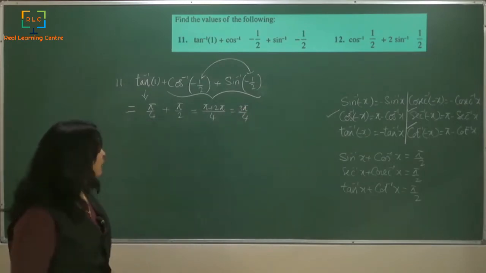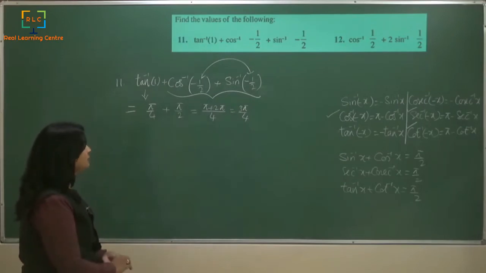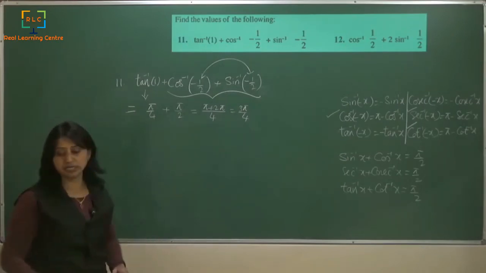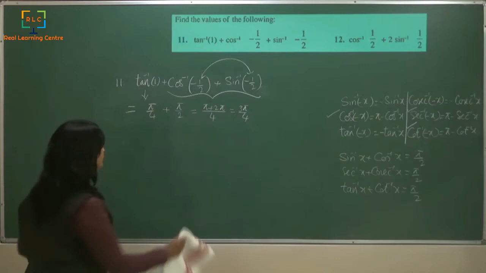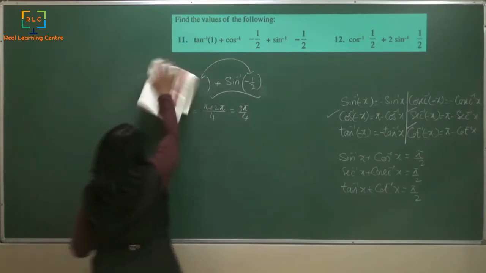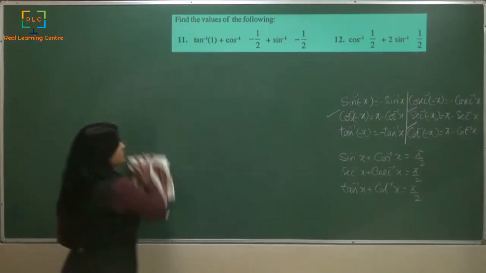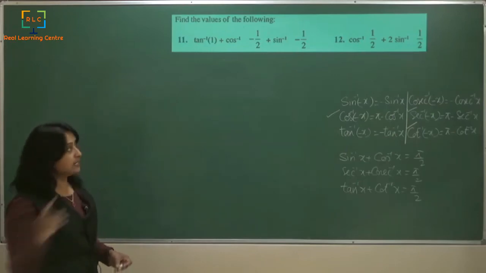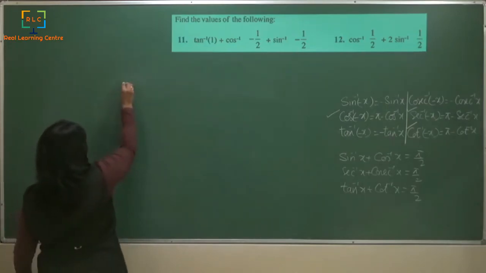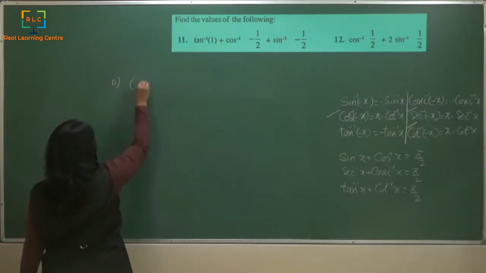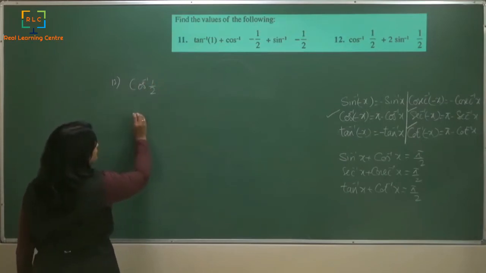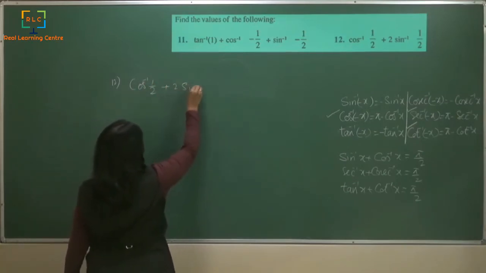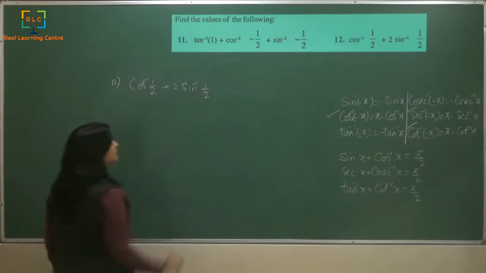Okay. And now let's go to question number 12. Question number 12 is again the usage of pi by 2. But do you think you can write directly? You can use the theorem inside this problem, provided you can split the 2 sine inverse. You have cos inverse 1 by 2 plus 2 sine inverse 1 by 2.